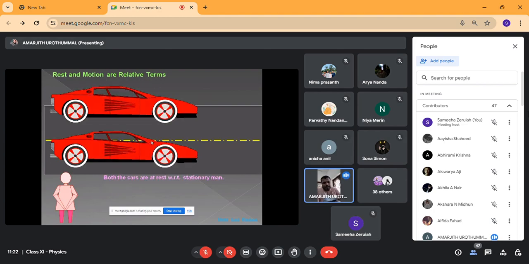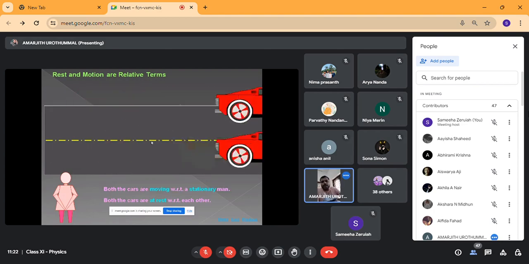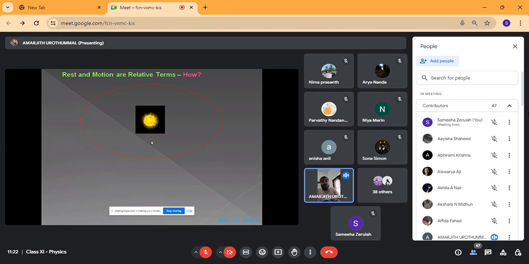For both the cars, they are together at the start and every time, so there is no relative change in position. So when both the cars are in motion, with respect to one car, the other car will be at rest. That is the point of the concept: motion and rest are relative.